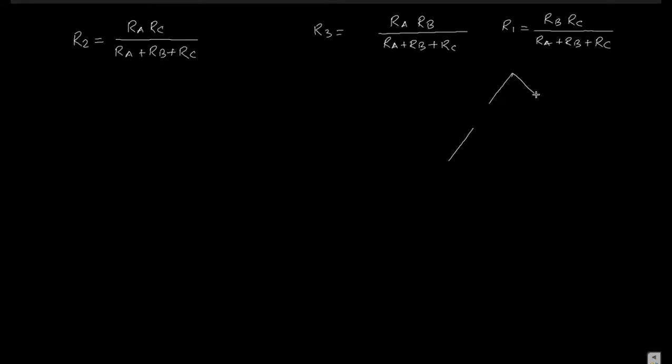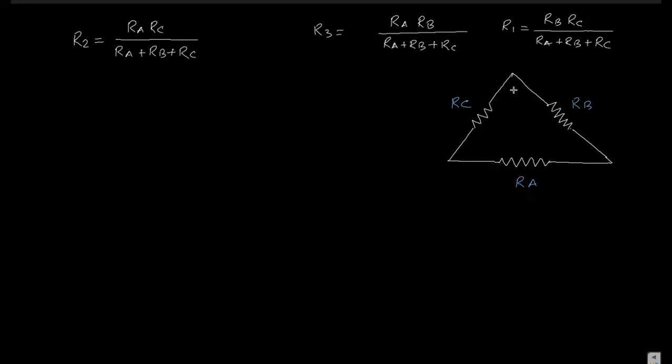If you have a delta circuit and you want to convert it into a star circuit, and you cannot follow this process, you can be very confused about which one is RA, RB, RC, or R1, R2, R3. So this one is RC, this one is RA, and this one is RB.